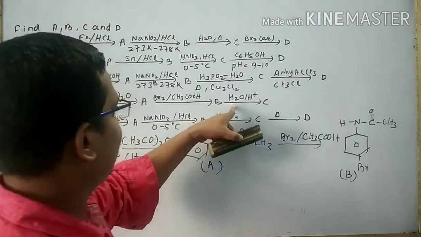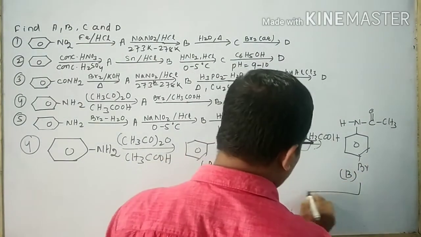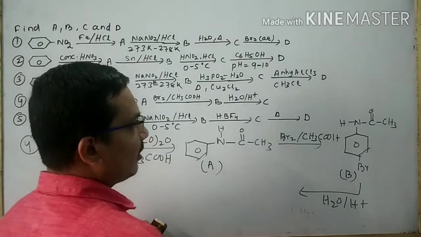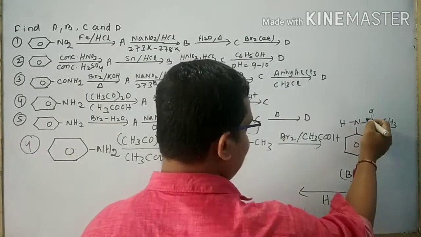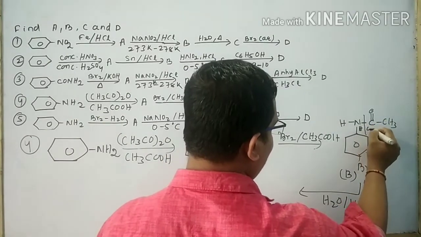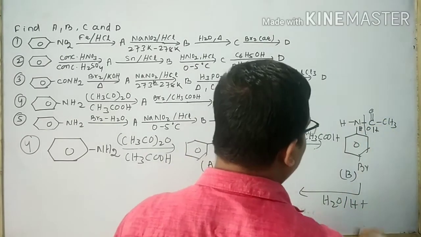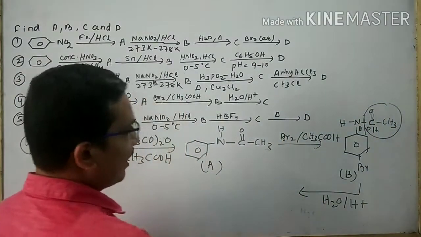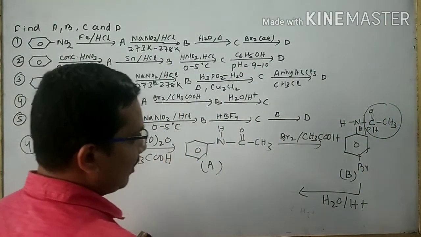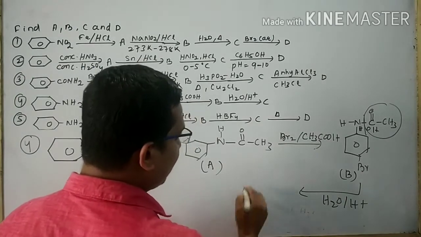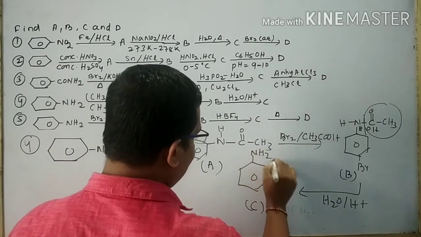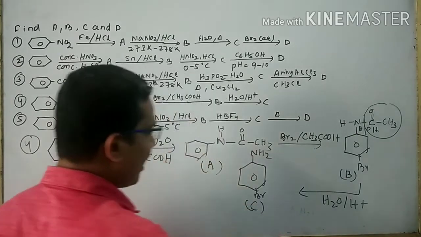Now B is treated with water, H2O, H plus. Then hydrolysis takes place. Look at this HOH. Removal of acetic acid is produced as the byproduct. Finally, the C product is formed, that is para-bromo-aniline. Your bromine will be attached.